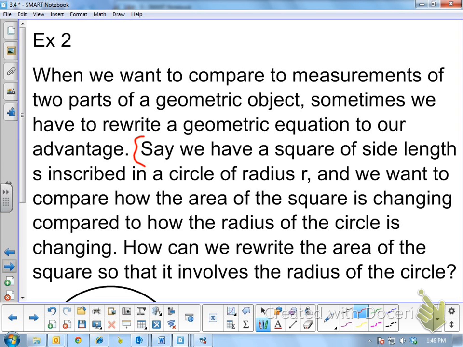We want to know information, but the formula we have, we might have to rewrite because it's not written in terms of the radius. It might be written in terms of the side of the square, and we want to compare radius to area. So when we want to compare certain specific pieces, then sometimes we have to do some geometry.